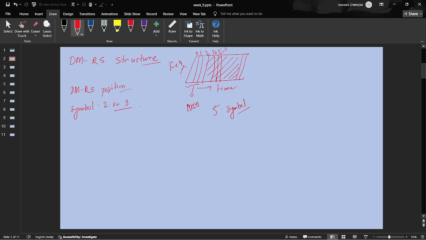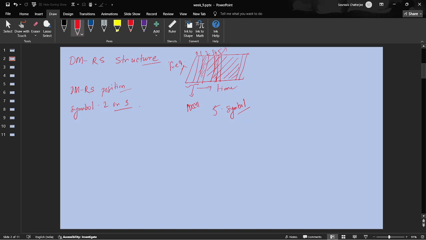Let's say I already have something on the second symbol, something on the fourth, can I send? Sir, the first two or three symbols will be for PDCCH, or the first five symbols you are saying for PDCCH? No, I am saying from the very beginning, counting from the slot boundary.